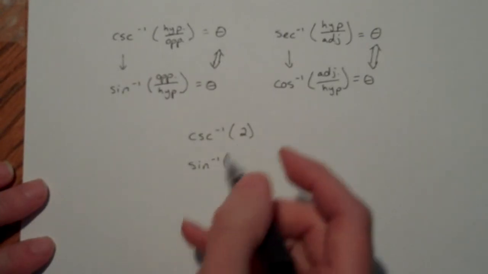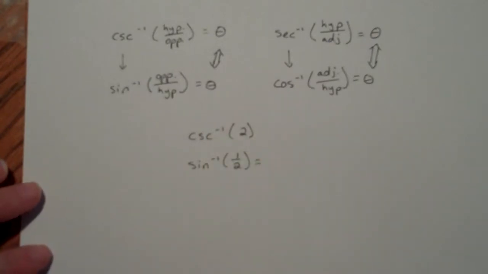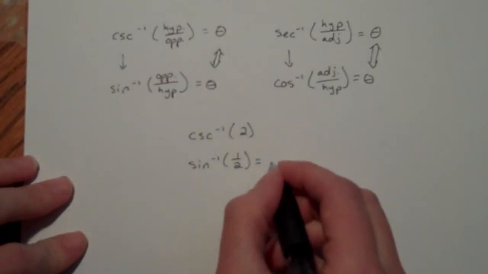So flipping it over means taking the reciprocal, so I'm going to write 1/2. And then when I type that into the calculator, it'll give me my answer, which I should know off the top of my head, but it's really hard to record a video and think about trig functions. So the inverse sine of 1/2 looks like this.